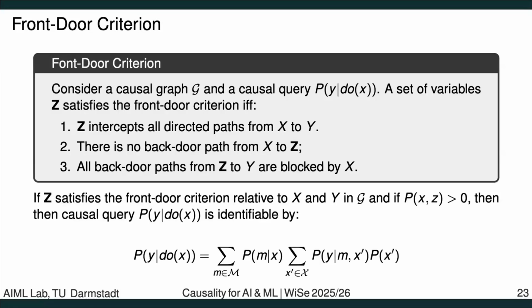Right, and then this actually is the general formula. Of course, it extends if we get multiple variables in this set. So the m here as a single variable could be multiple ones. And then we get multiple sums because we need to sum them out for every one of these variables.